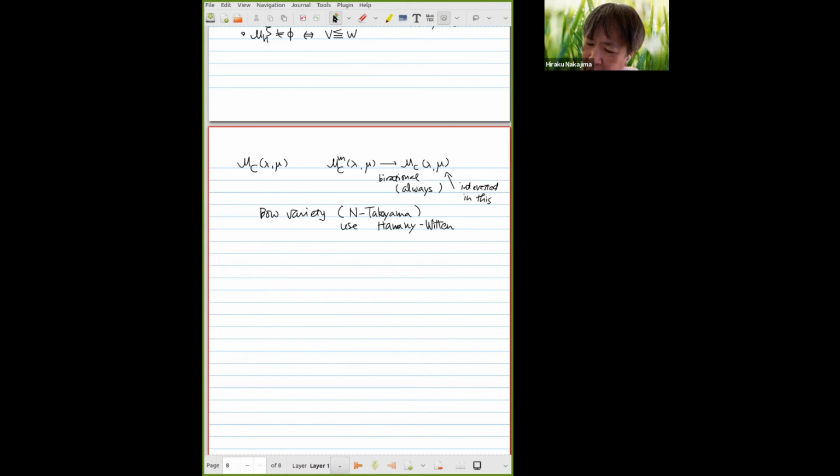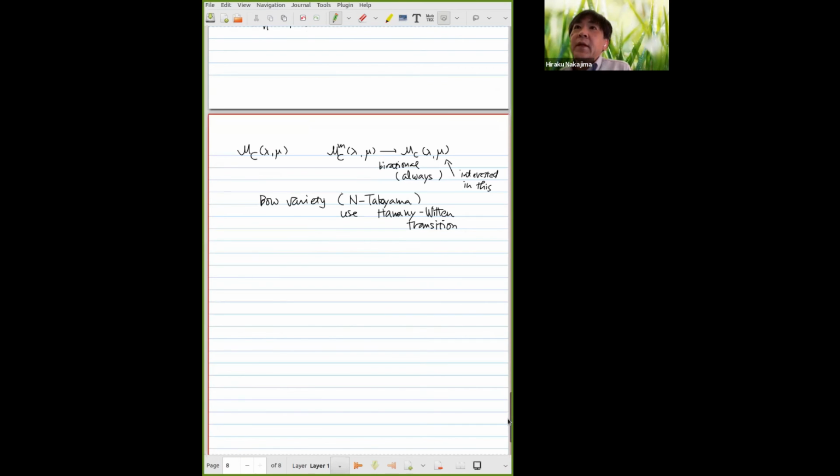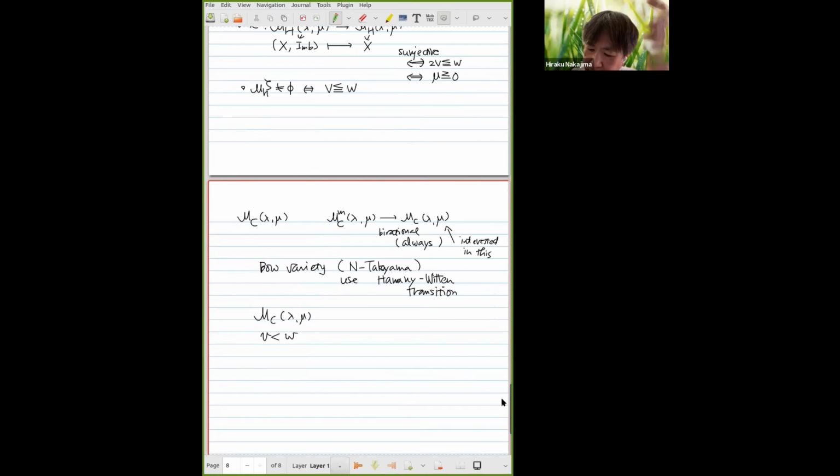And so these Bow varieties and my paper with Takayama just create the Hanany-Witten transition in a mathematically rigorous way. So anyway, M_C of lambda, mu. At least if V is strictly smaller than W, then you can describe it.